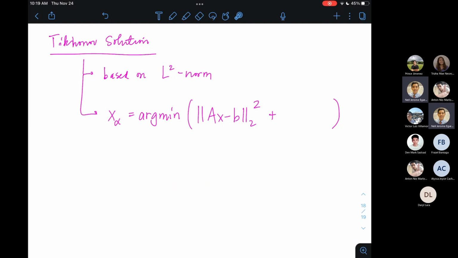Nakita niyo na to siguro when halimbawa sa isang math, saan niyo pa ba to ginawa? I think sa Math 36 when say, tandaan niyo pa ba yung mga problem na find the point on the line that is closest to a point in the parabola, halimbawa. So magmi-minimize ka ng distance, pero ang ginagawa ng teacher nyo, dahil ayaw niya mag-differentiate ng may square root, minimize niya yung distance squared.